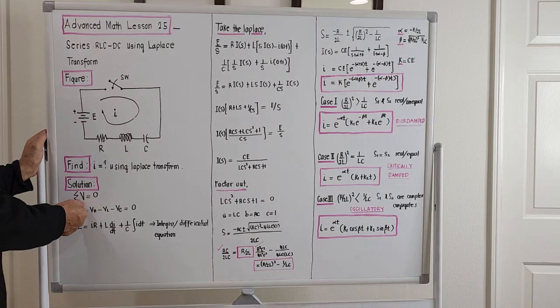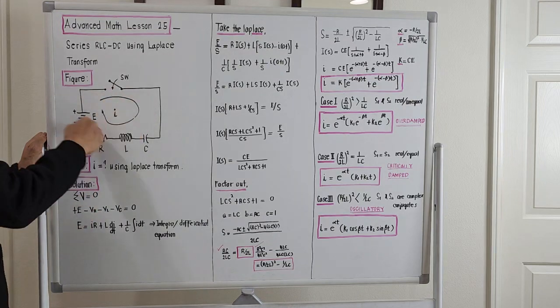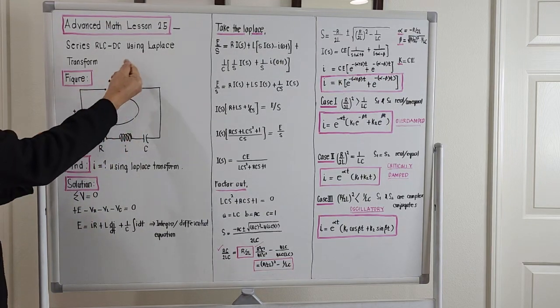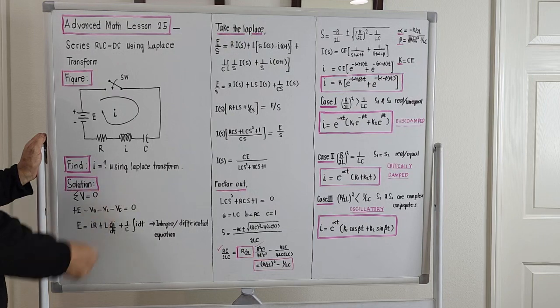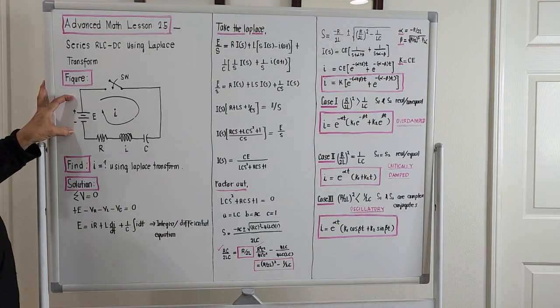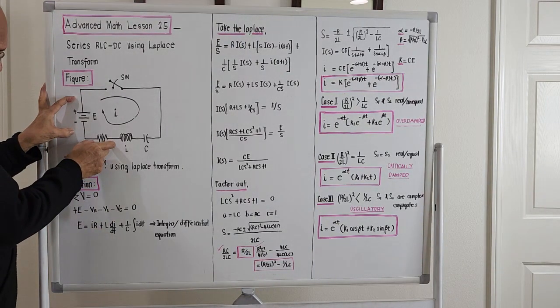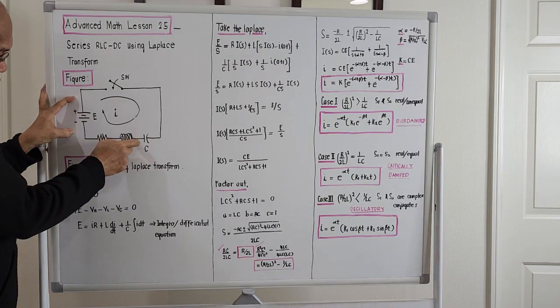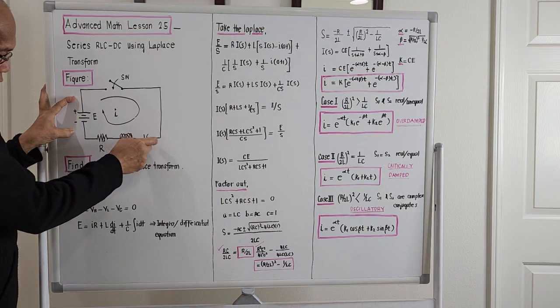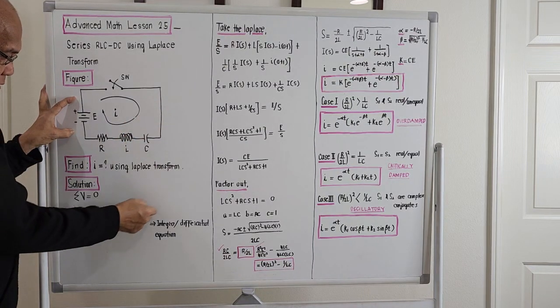Sigma notation, this is voltage, this should be equal to 0. The meaning of this is that the summation of the voltages around this closed loop, as we close the switch, should be equal to 0. Plus E minus V sub R minus V sub L minus V sub C, the summation should be equal to 0.